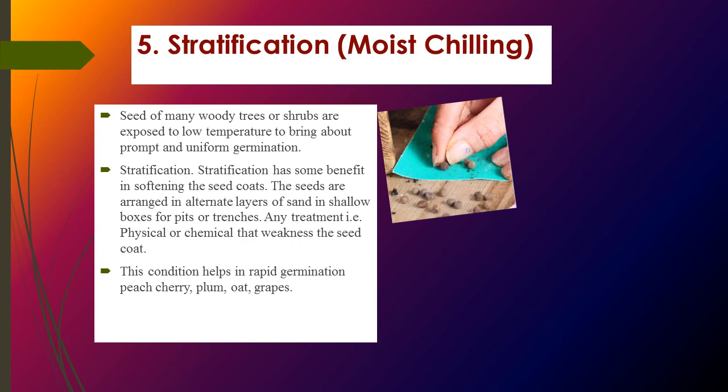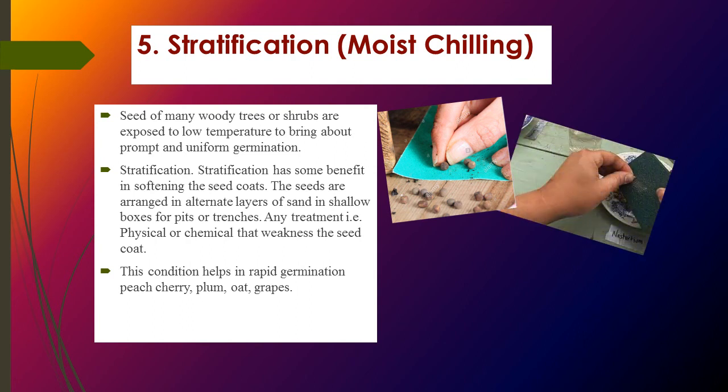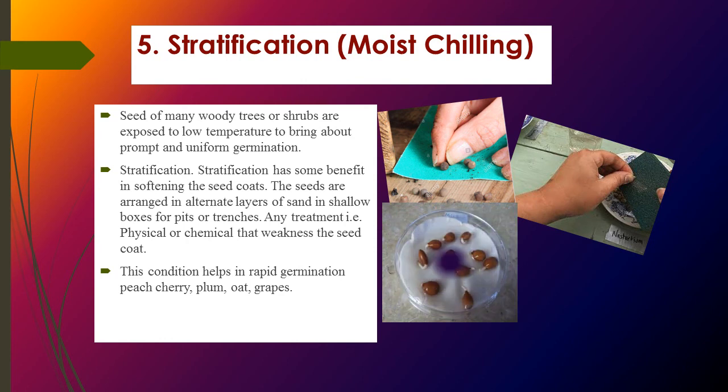So both of these methods, boiling water treatment and chilling in moist condition, can help in breaking seed dormancy. Seeds can be germinated by 3 methods: epigeal germination, hypogeal germination, and viviparous germination.